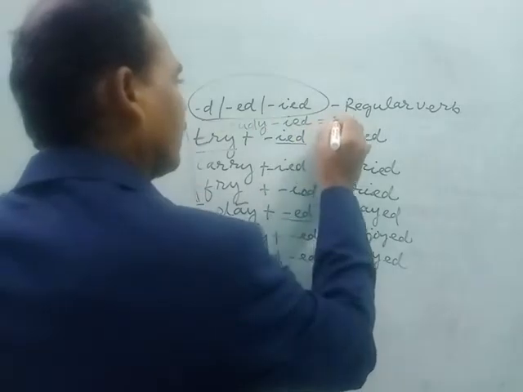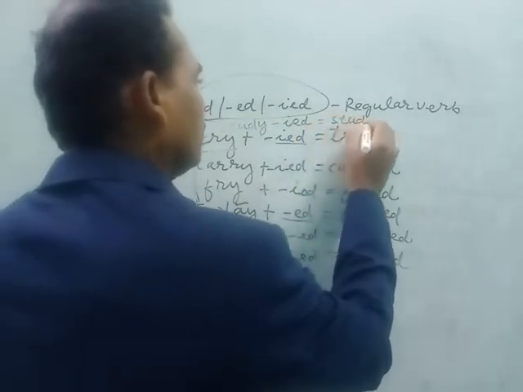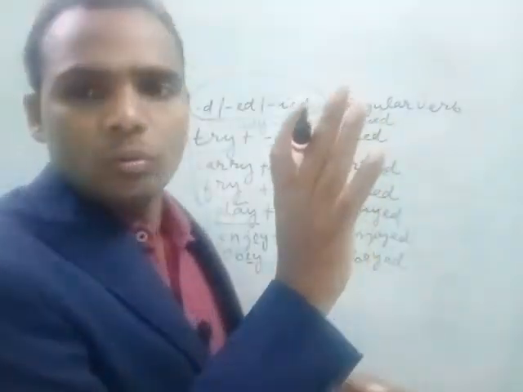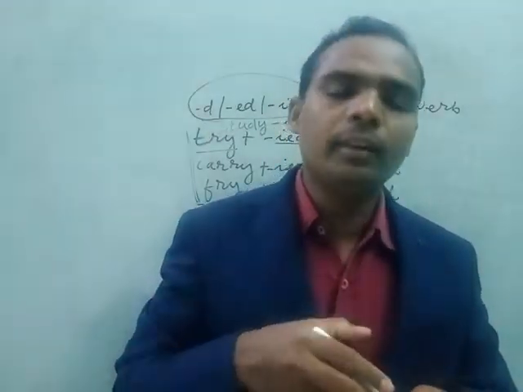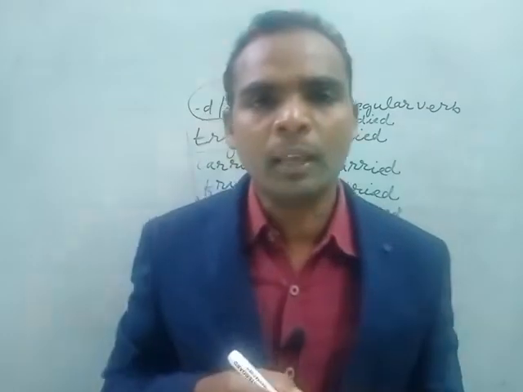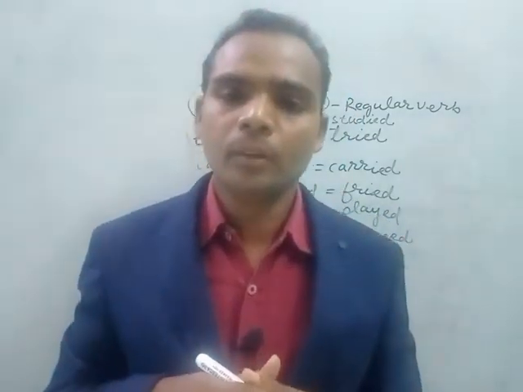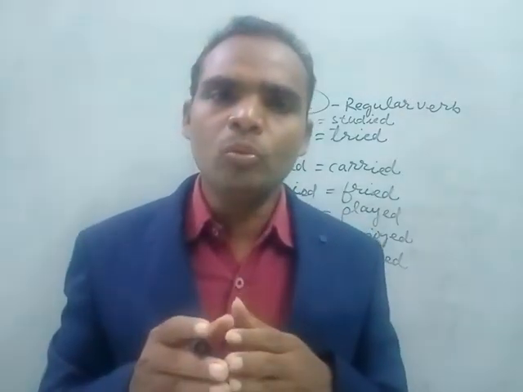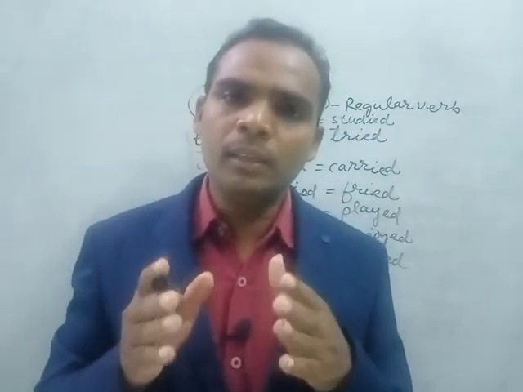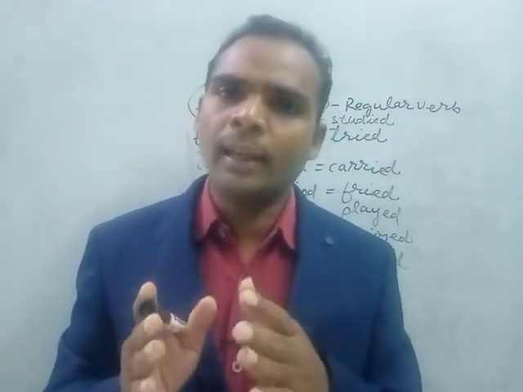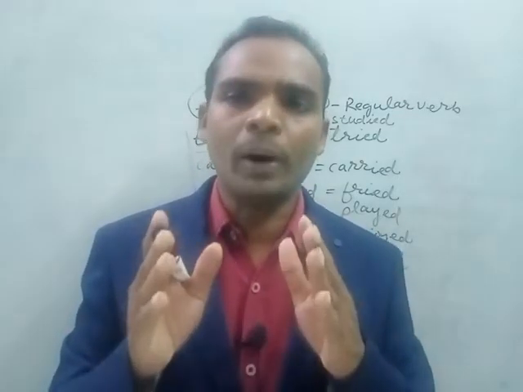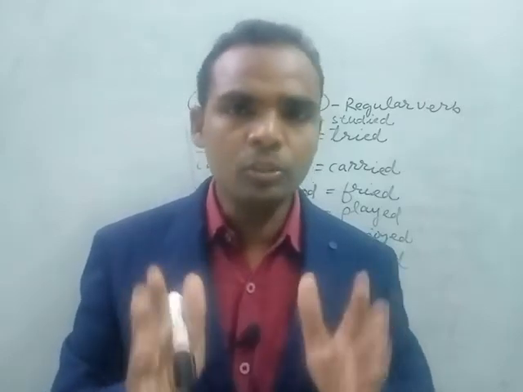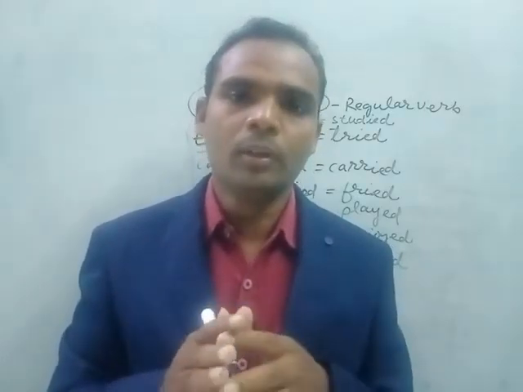Studied. So like this, marry, married. This is the regular verb. If you add d, ed or ied, the marker of past tense, this is the regular verb. These are the rules of regular verbs.